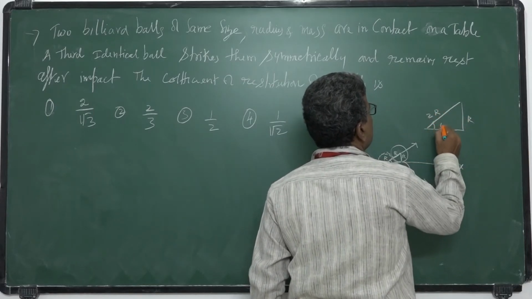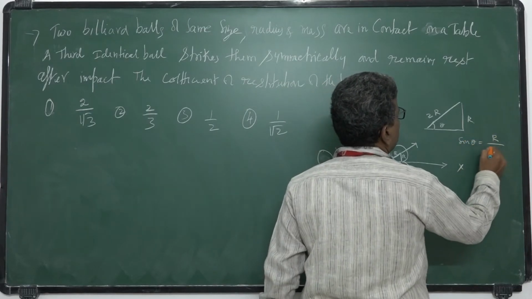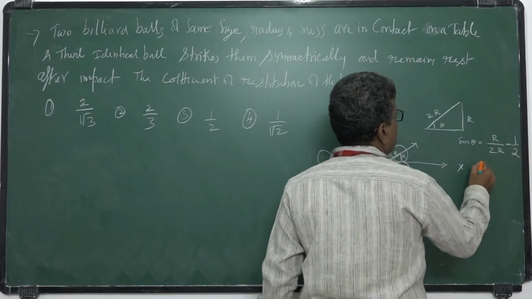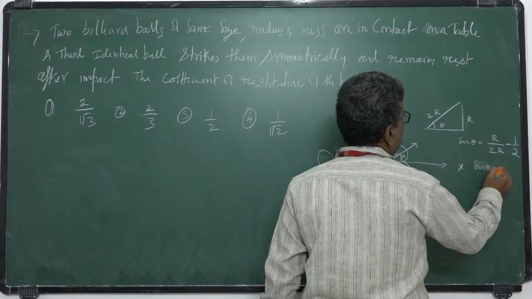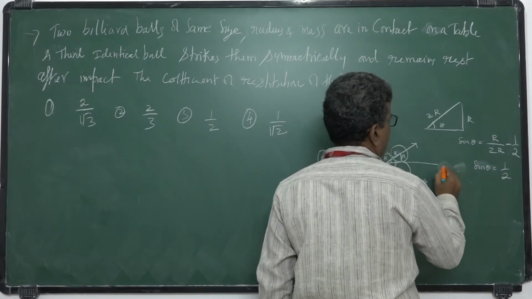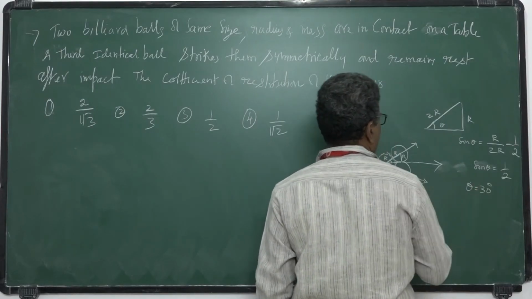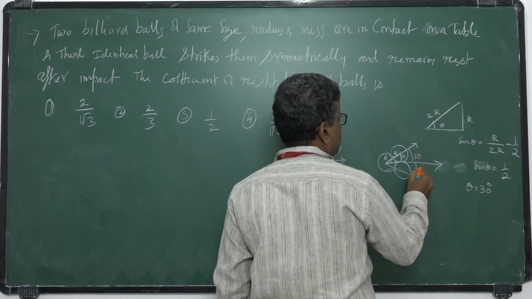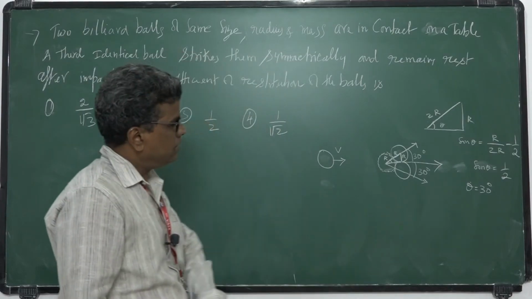So what is this theta? Sin theta is equal to r by 2r, so sin theta is equal to 1 by 2. Theta is equal to 30 degrees. So if this is 30 degrees, this one is also 30 degrees because it strikes symmetrically.